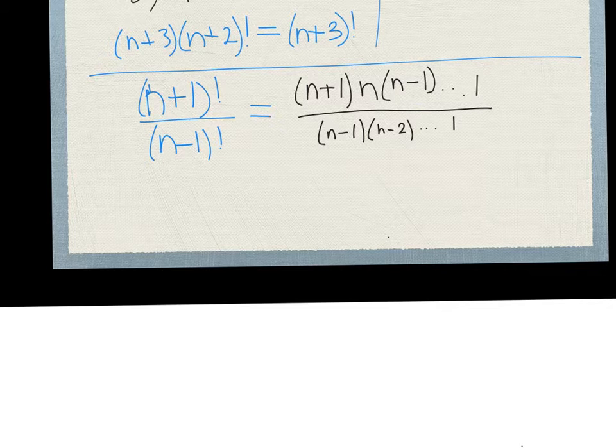N minus 1 and everything beyond it. That's the important thing to understand, that it's not just the n minus 1 that cancels. N minus 1 and down is going to cancel. So n minus 1 all the way to 1 and n minus 1 all the way to 1 are going to cancel. So what I'll have left is just n plus 1 and n.